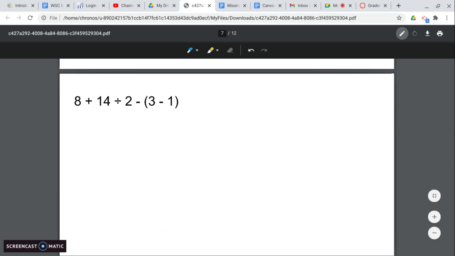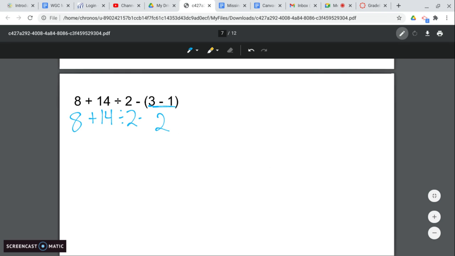All right. Our next one, we have 8 plus 14 divided by 2 minus (3 minus 1). So what do we start with? We start with our parentheses. 3 minus 1 is 2. So we have 8 plus 14 divided by 2 minus 2. All right, what comes next? Do we have any exponents? Nope.